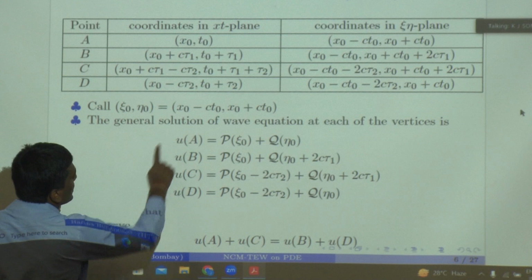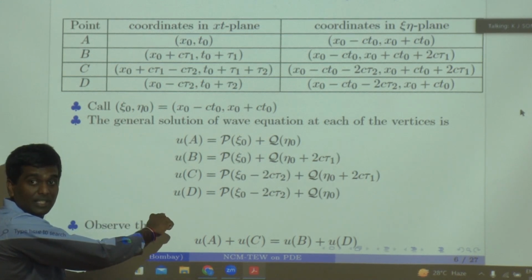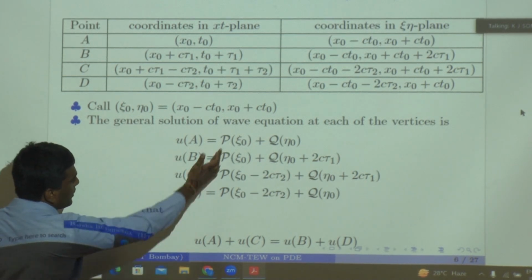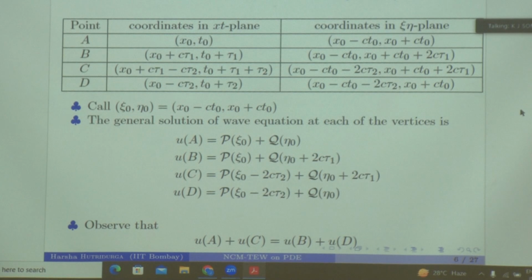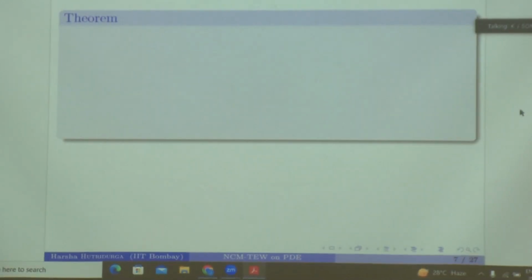And that's just a consequence of these four equalities which are written here, where you can observe that when you sum u of A and u of C, you get the sum equal to u of B and u of D. Okay, so even though I struggled quite a bit to explain this, if not the way we arrived at it, I want you to remember this particular property which is known as the parallelogram identity, and that's what we state here.